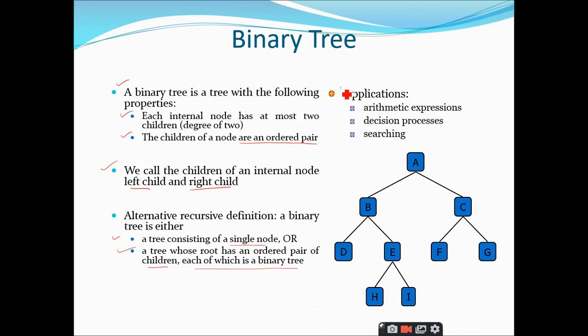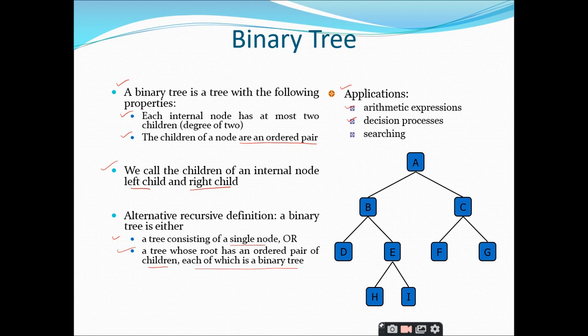And coming to the applications part, we can make use of this binary tree in arithmetic expressions. We have expression trees, which we will be discussing in the coming classes, and it is used in the decision process. In artificial intelligence the concept of decision trees is there, where when you want to make a decision on a particular condition, you will go for decision trees.